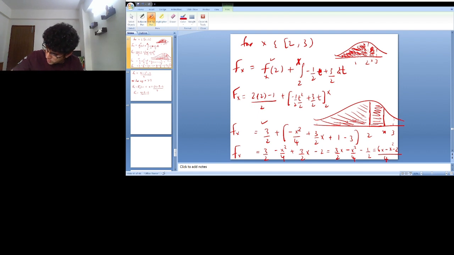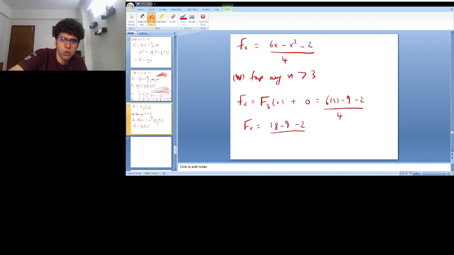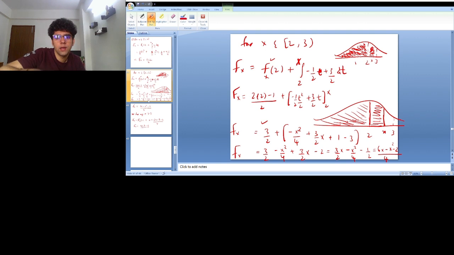Let me just check where I made an error. For x lying between 1 and 2, f of 2 becomes 2 into 2, 4, 4 minus 1, 3, 3 by 4. This is 3 by 4. Wait, yeah. So I made an error here.